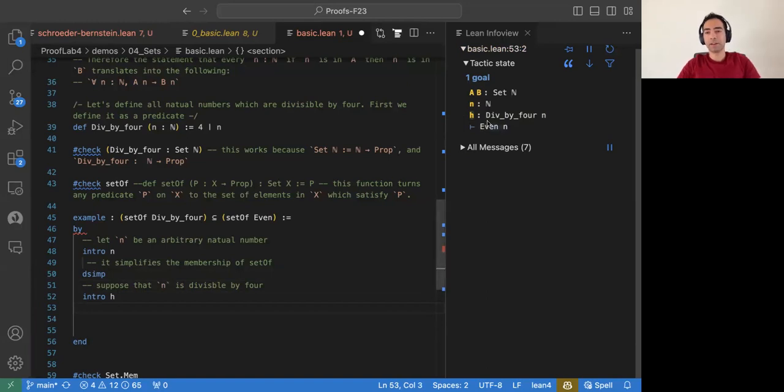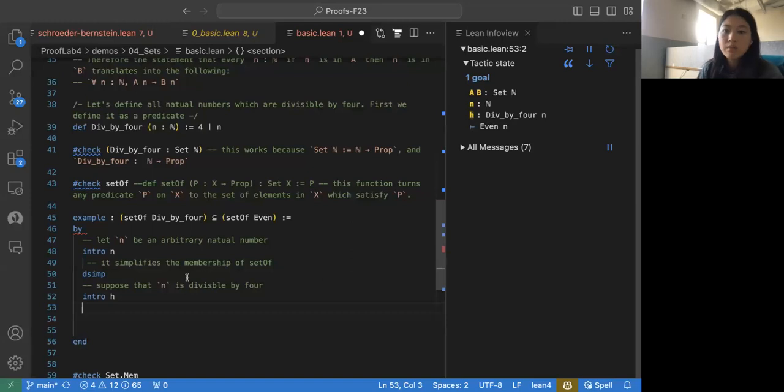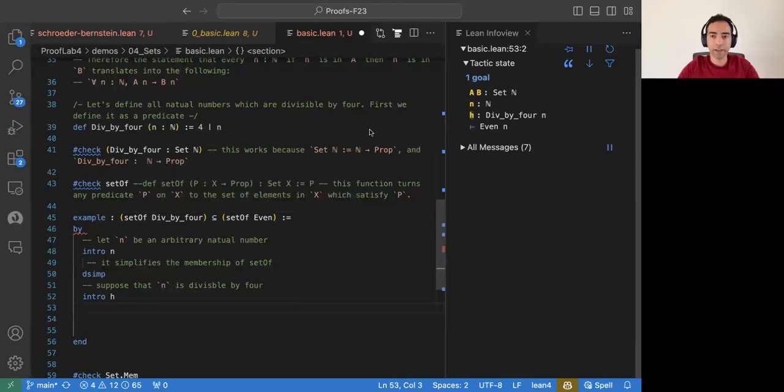How do I prove this, knowing H? Can we do the thing where we rewrite n as 4 times k and then turn that into 2 times k and then say that that is even, or that's divided by 2?